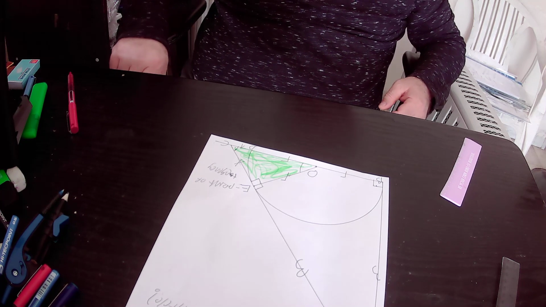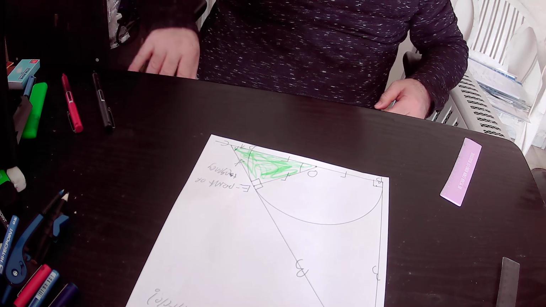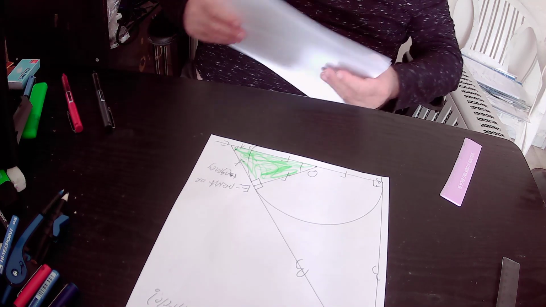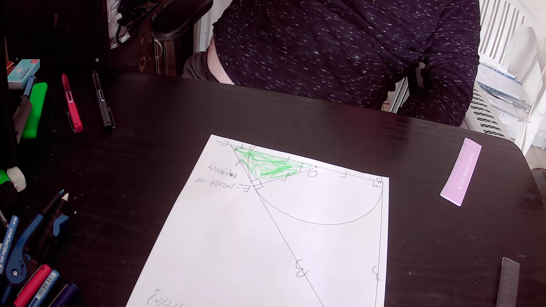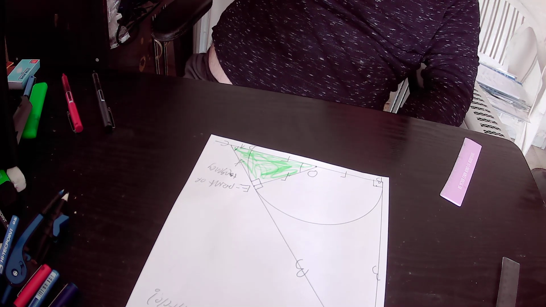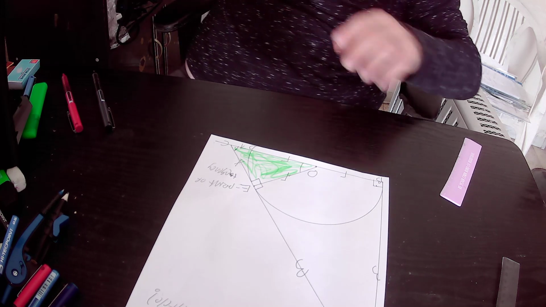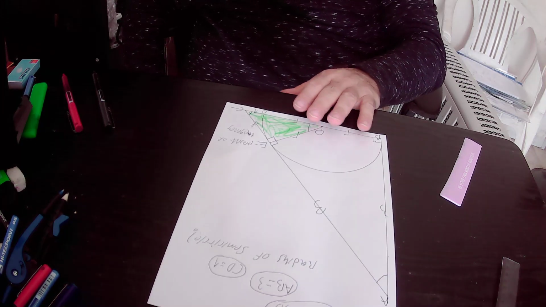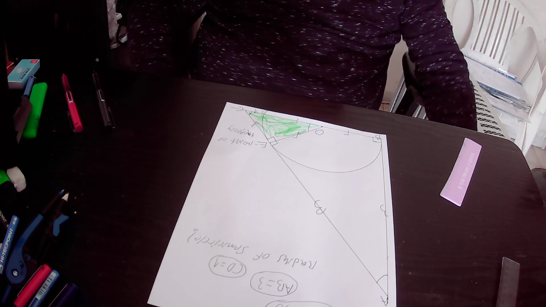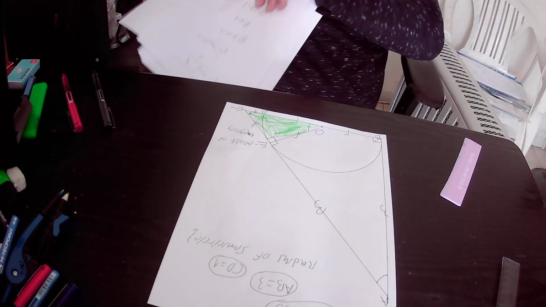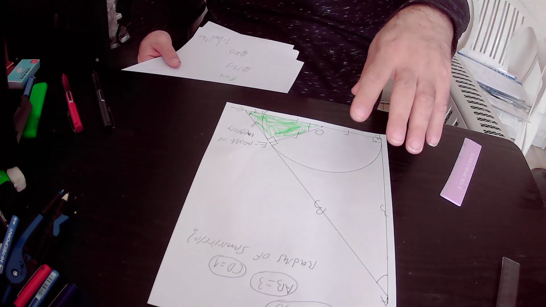Now I'll summarize the lecture. Actually, we wanted to find the radius of this semicircle. We have here a right triangle.